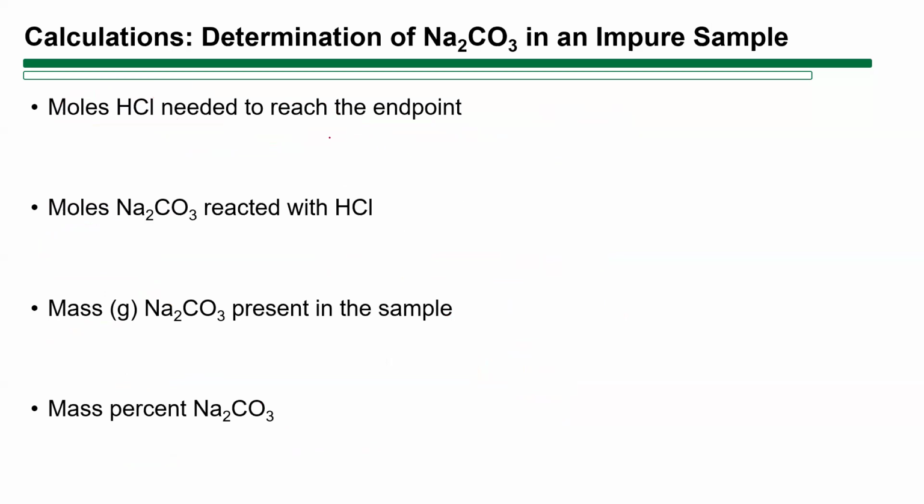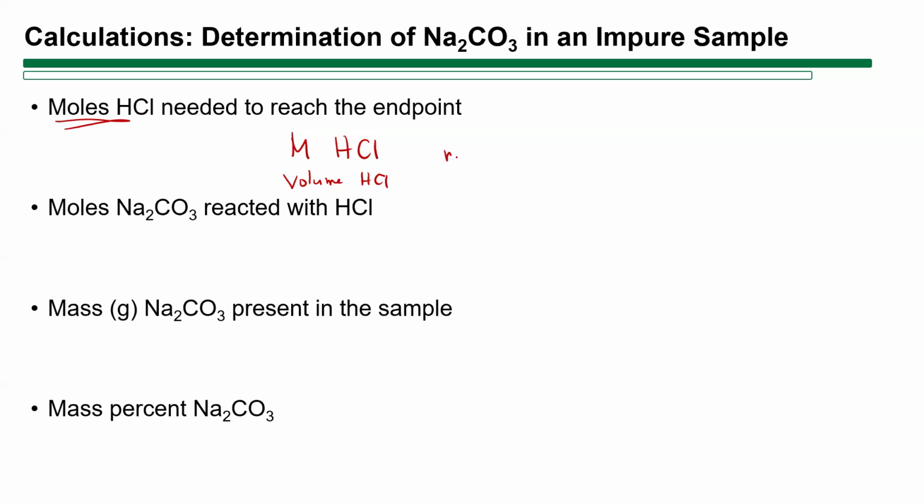Here, our starting values are the molarity of the HCl that you obtained from the second part and the volume of that HCl used during titration in part 3. So, how do we use this information? We can calculate how many moles of HCl were used.